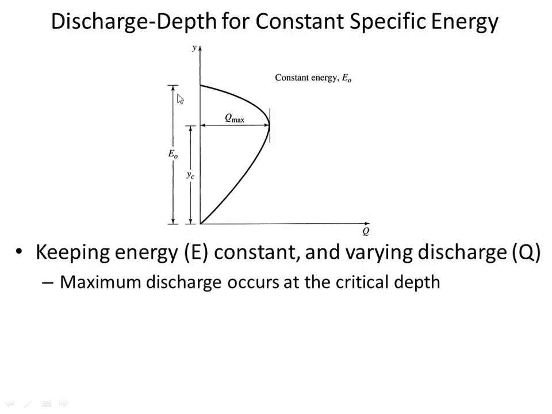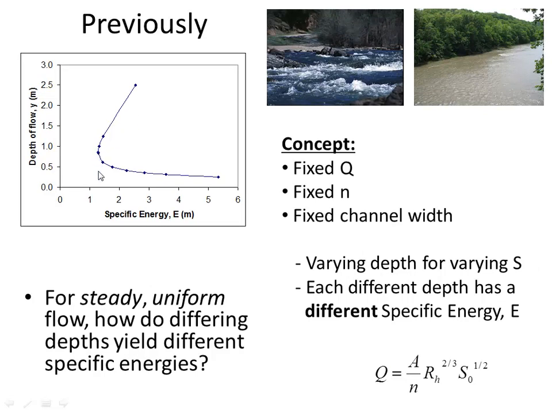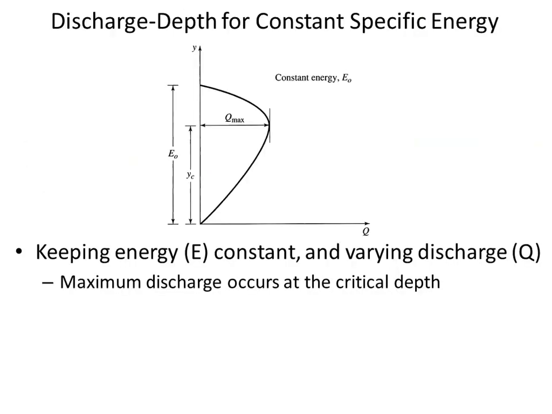So last time what we talked about for this minimum point, what that represented is the least amount of specific energy associated with a certain flow rate. Now here again, this is showing the critical point, y sub c, which we associated with the minimum amount of specific energy for a certain flow rate.